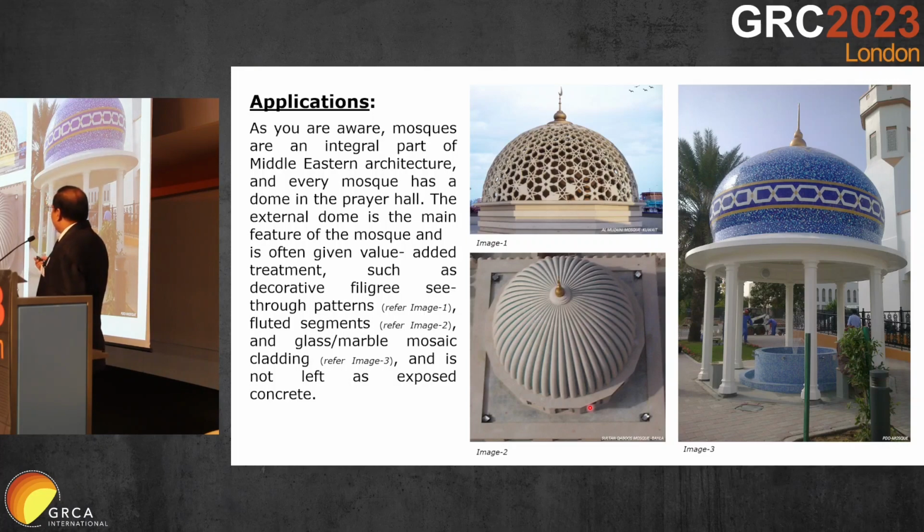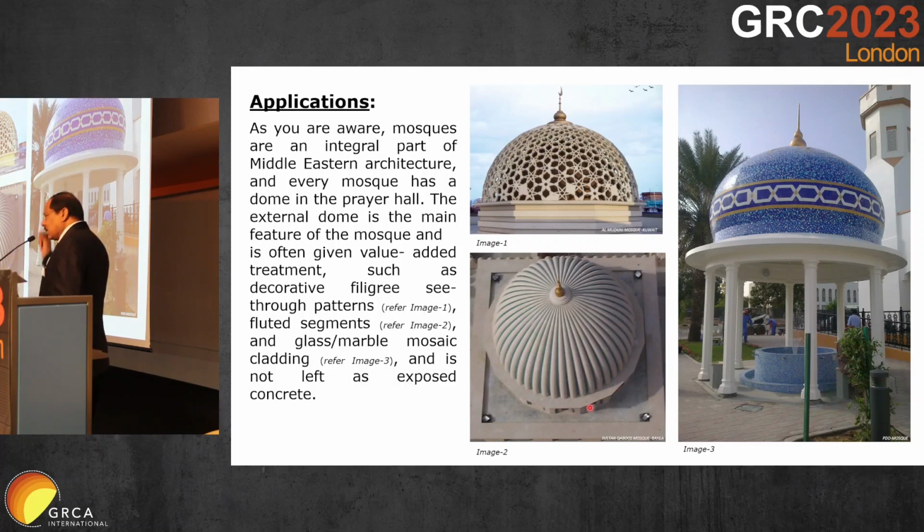The one on the top left is also a similar concept with the LED lights inside, but a geometrical pattern. Then below is GRC segments, which are again a repeat. We just had to make one mold from bottom to top and then have segments, and I think this was 72 or something.